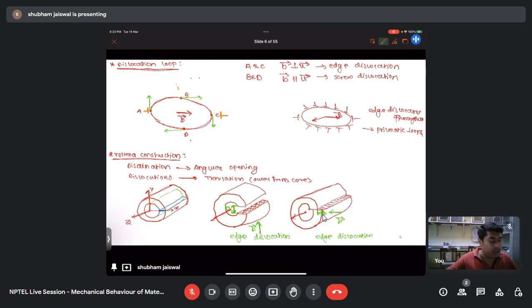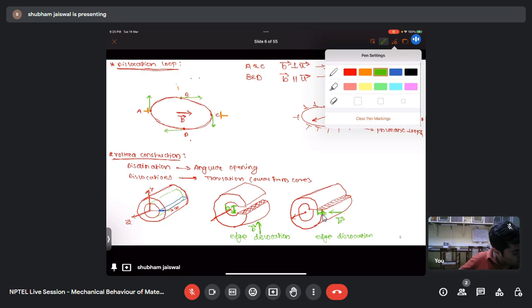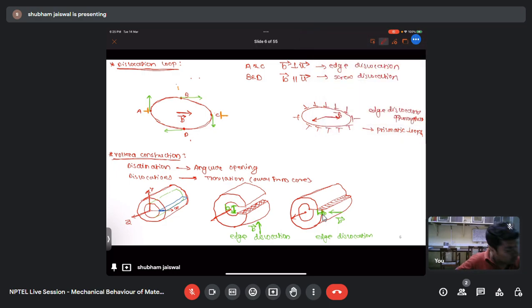Now, what will happen if we move it in the z direction?